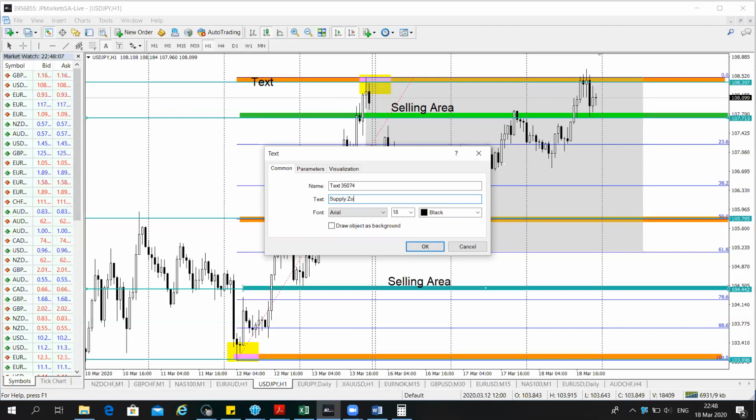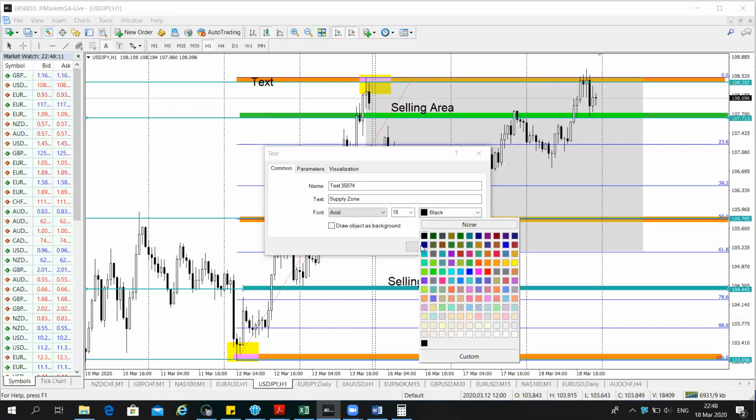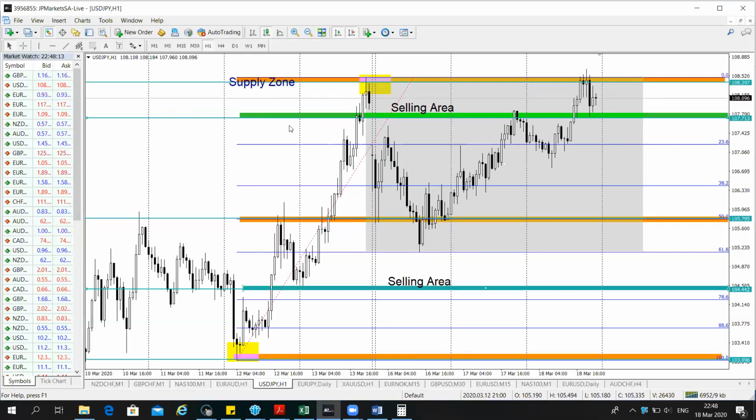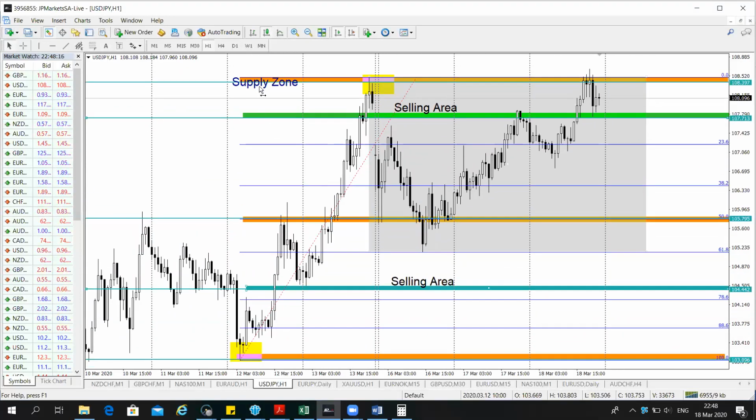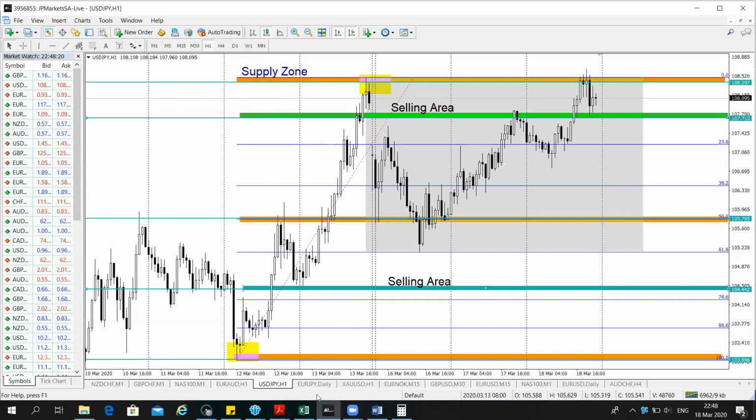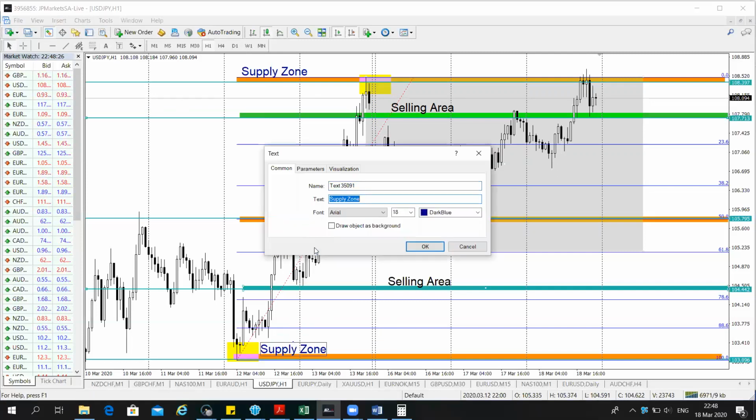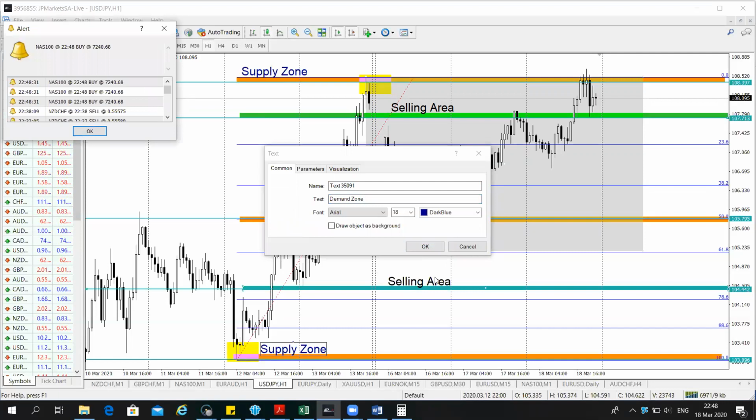This is the supply zone, where the bullish price loses its momentum, and this is the demand zone, where price gains momentum.